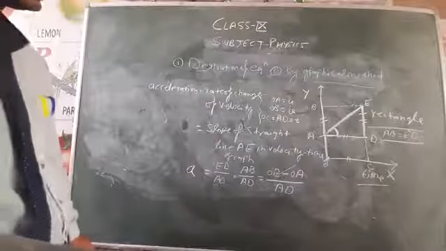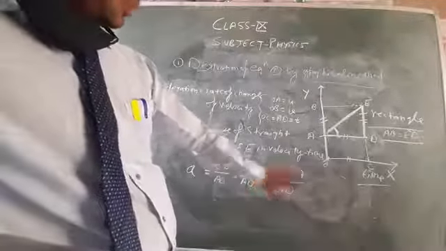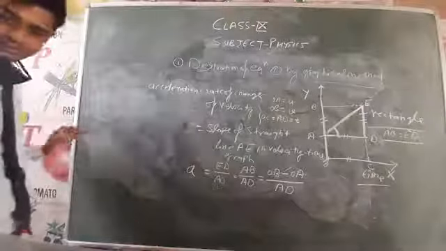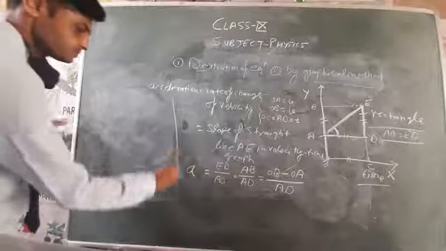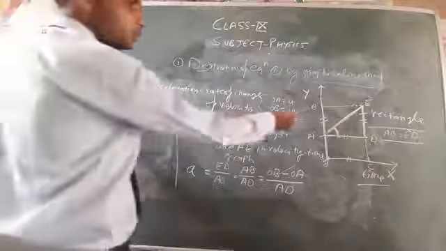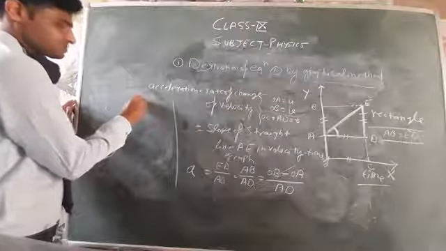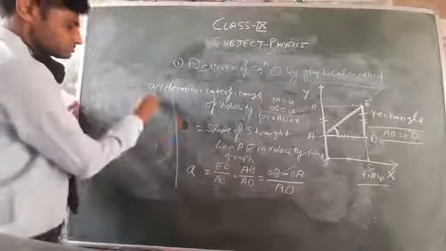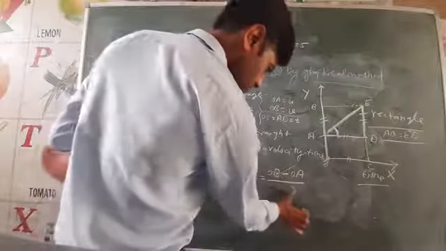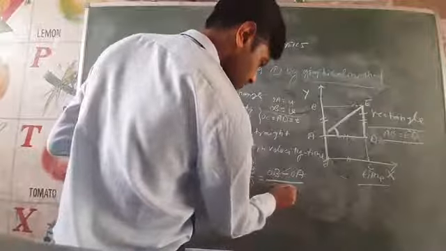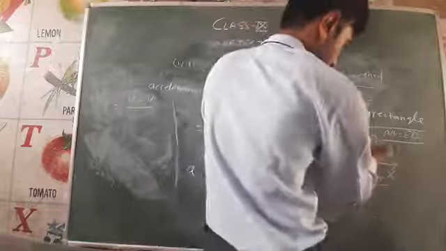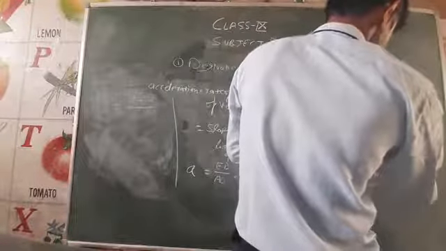So by putting the values of OB, OA and AD, we can find a relation for acceleration. a equal to OB minus OA, OB equal to v, and OA equal to u, and AD equal to OC, because this is also a rectangle in which AD equal to OC.